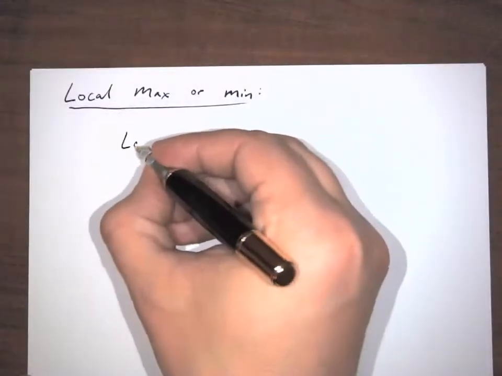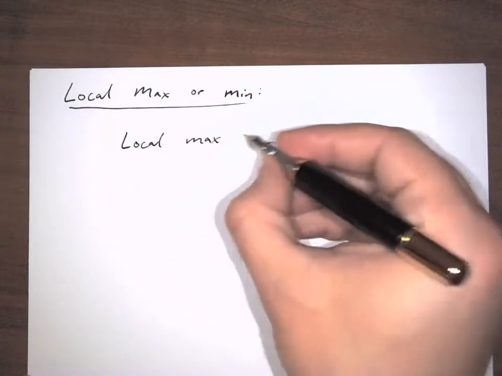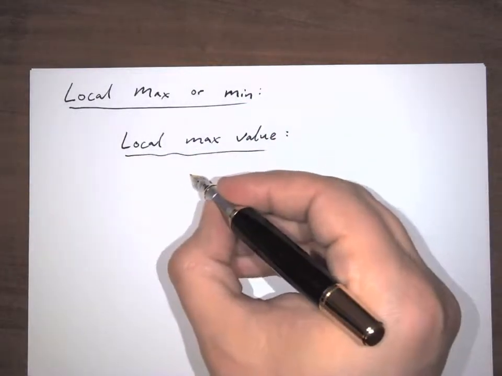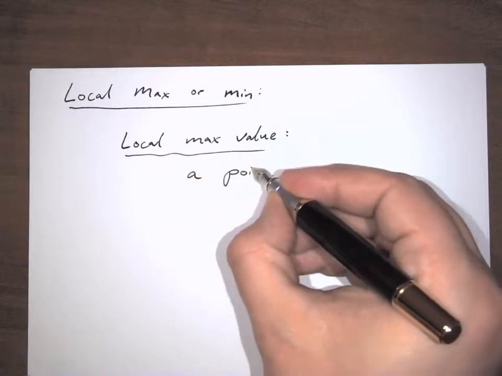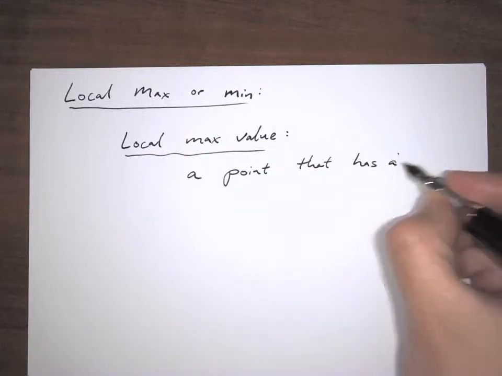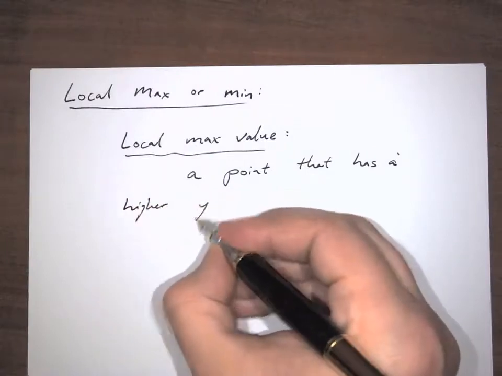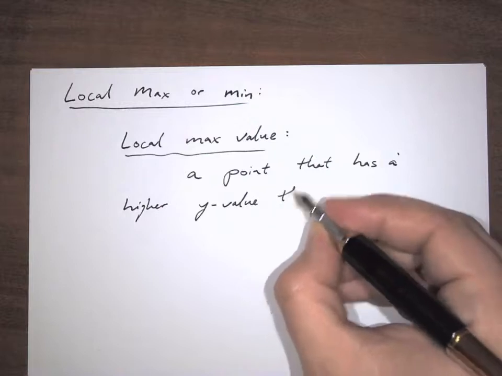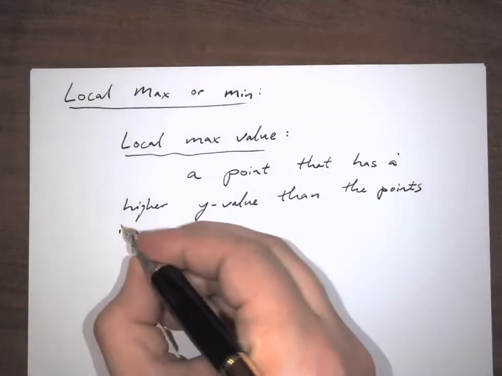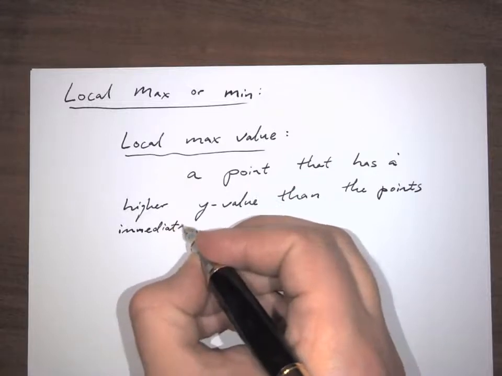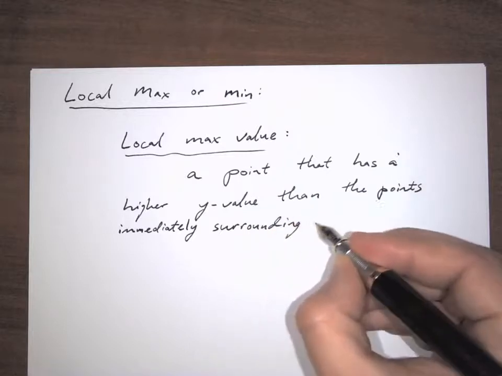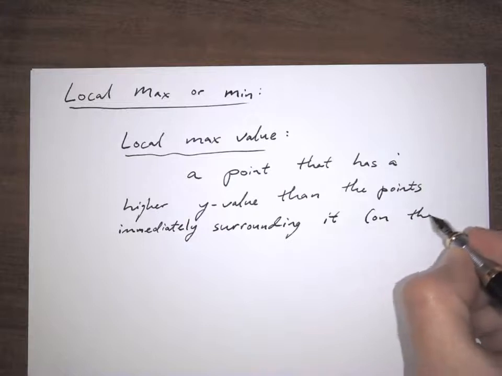A local maximum value is a point that has a higher y value than the points immediately surrounding it, on the left and right.